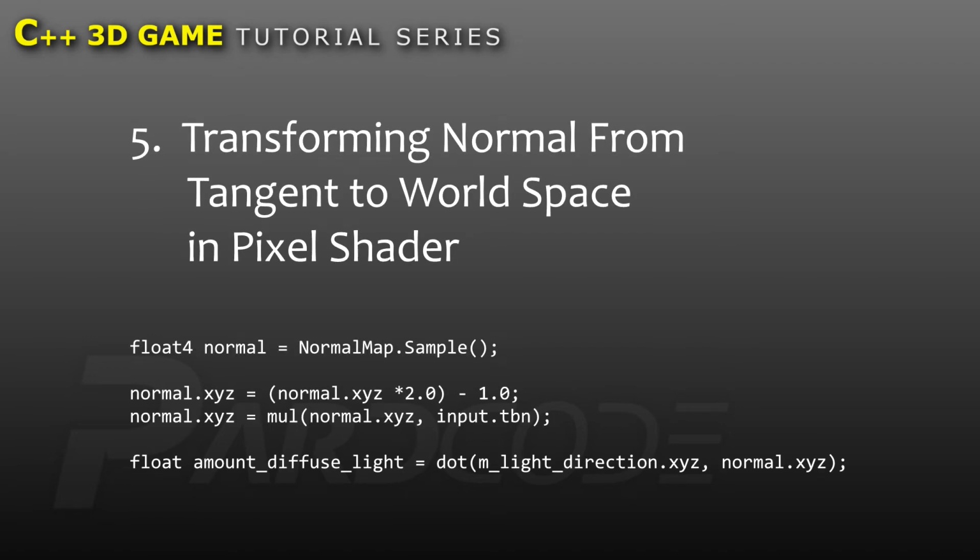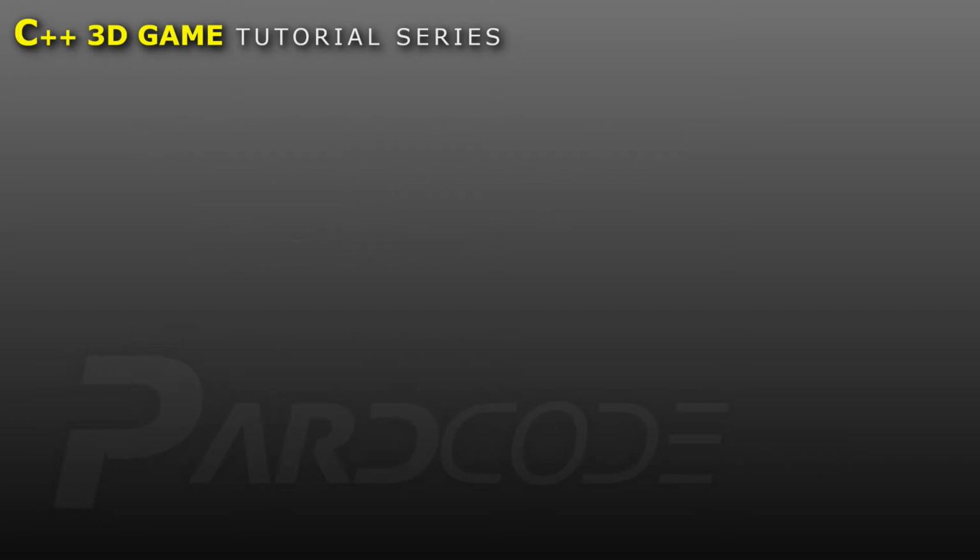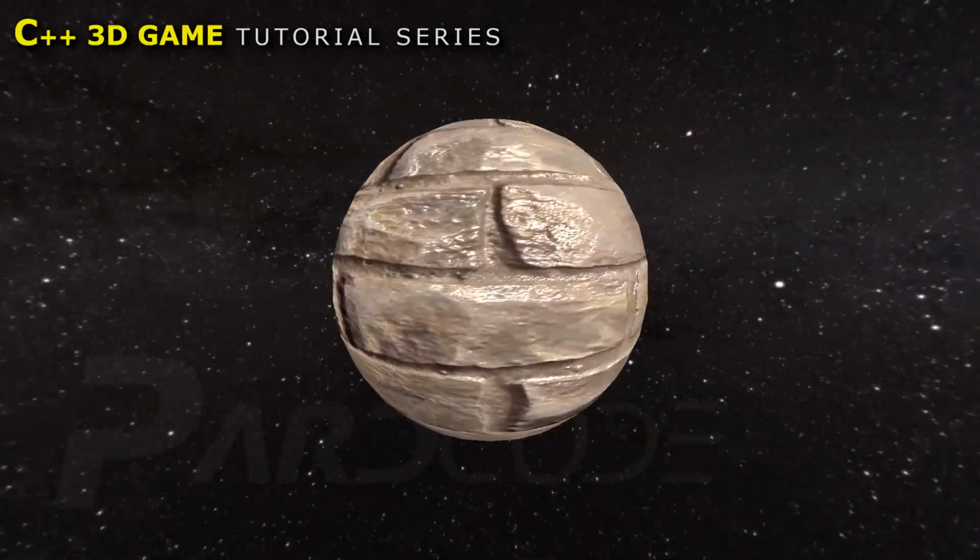Then, in the pixel shader, once we have retrieved and transformed our normal from the normal map, we will finally multiply it with the TBN matrix, obtaining the final normal in world space. At the end, we will substitute this final normal into the dot product of the diffuse and the specular lighting equations. This will be the final result.